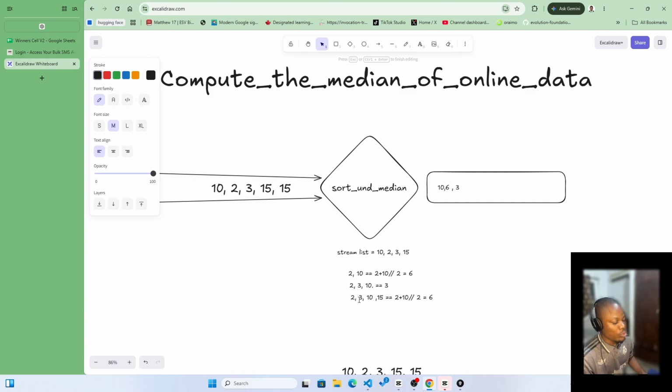Now who are the two middle numbers? 3 and 10. So we add them, 13, and divide that by 2, we have 6.5.